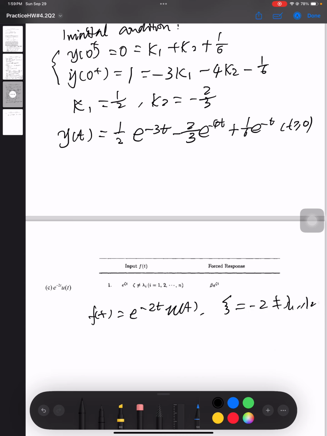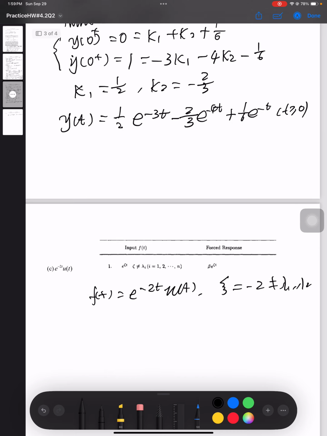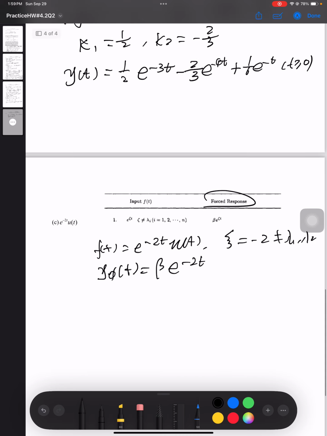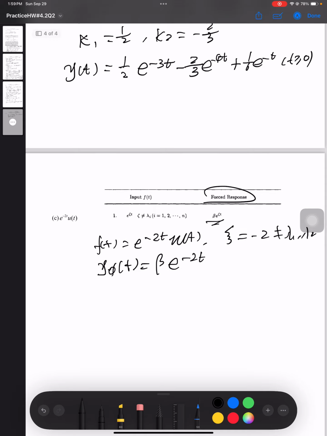So the forced response equals beta e^(-2t).